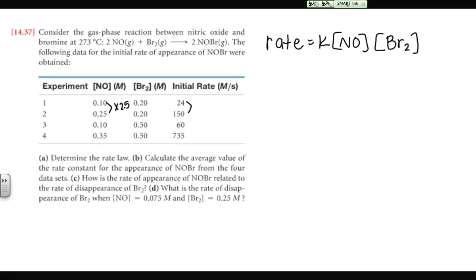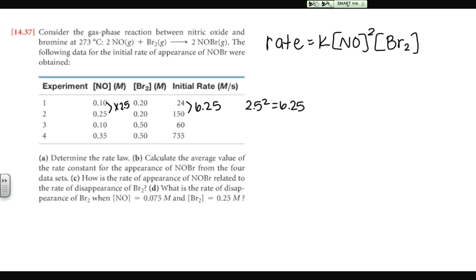When we look at the rates, 150 divided by 24 is 6.25. So what we need to do is realize that 2.5 squared equals 6.25. That tells us that we need to square our data, which is a second order. So I can put that up on my NO.